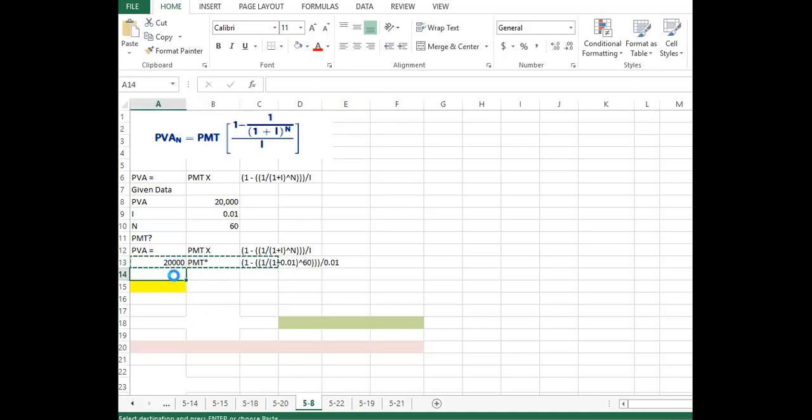So in the next step we calculate the factor, which is equal to 44.9550. In the next step we take 20,000 divided by the factor, so we get PMT. So this is your payment, PMT.